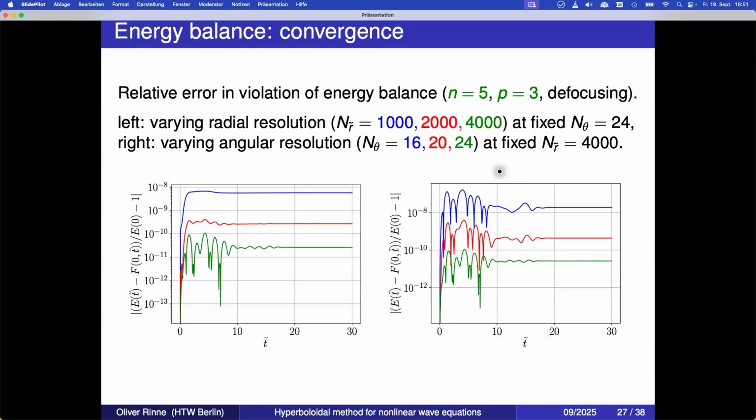Yes, that's a good point. I could certainly see some cases where it was dominated by time integration error, but not for the resolutions which I'm showing here, and also not for the resolution for the production ones later.